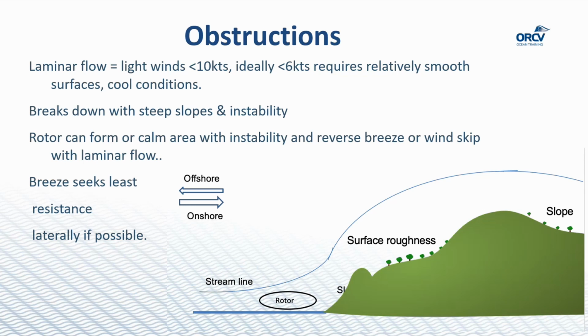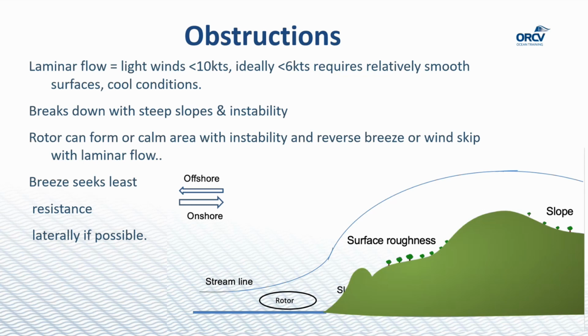Much more likely in laminar flow conditions. Laminar flow means that the air is travelling in streamlines, stable layers in effect. And how it behaves depends on the surface of the land and the roughness.